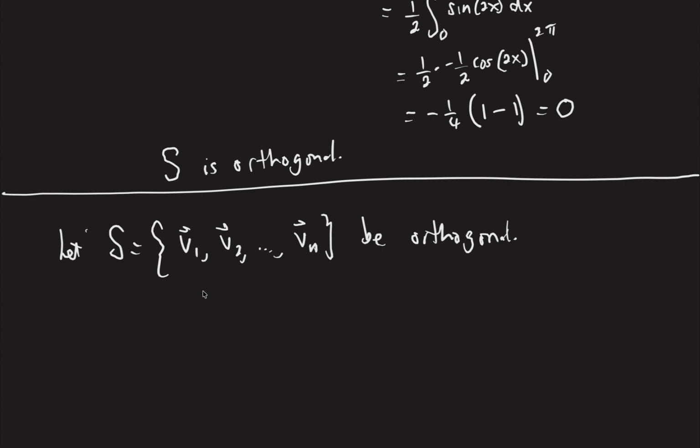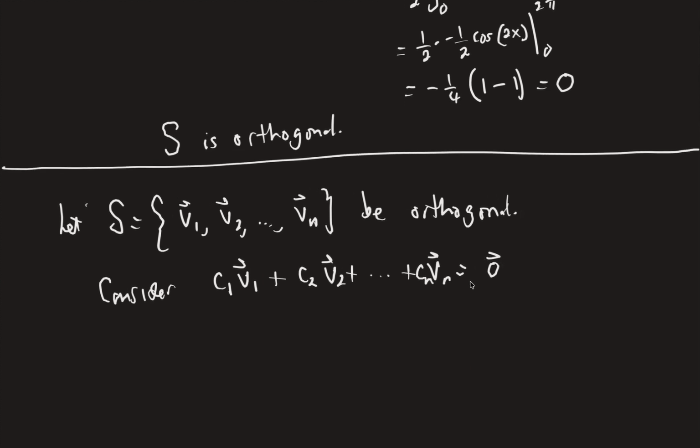And what I want to do is establish a relationship between orthogonal sets and the idea of linear independence. Now remember, the definition of linear independence is that this equation, so consider our vector equation, that famous homogeneous equation, C1 V1 plus C2 V2 plus dot dot dot Cn Vn is equal to this.